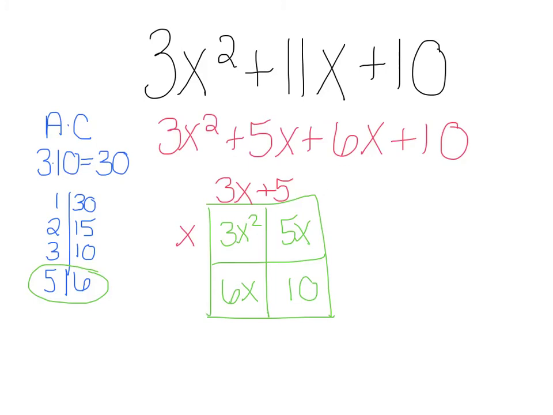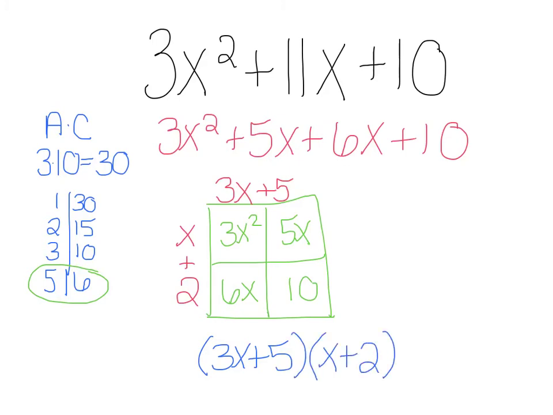We know what else goes into 6 is 1, 3, and 2. We know 3 doesn't go in, but 2 does. 2 goes into 6 and 10, so we can pull that out. And we know it's going to be a positive 2. So these are our two dimensions. We've got 3x plus 5, and we have x plus 2.